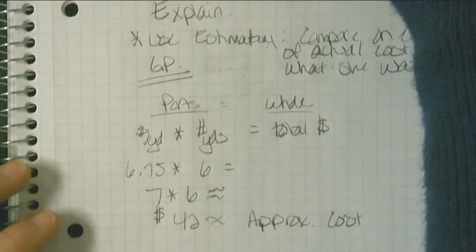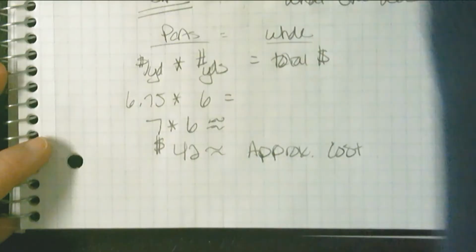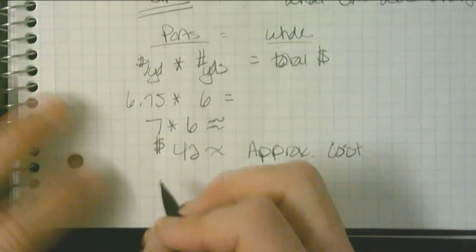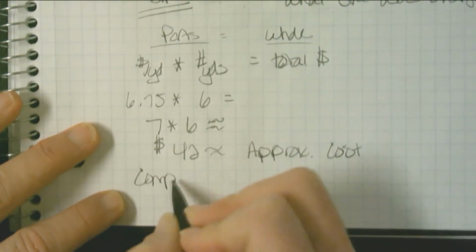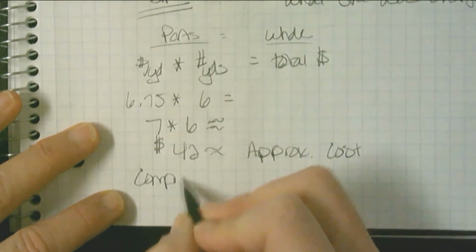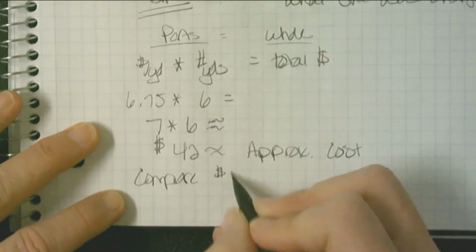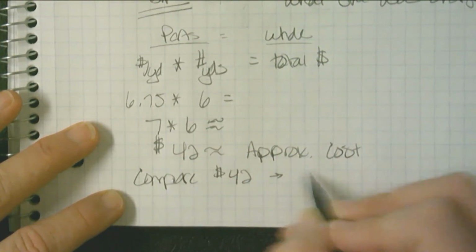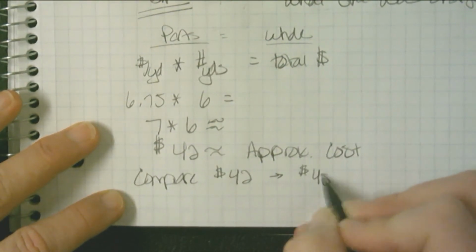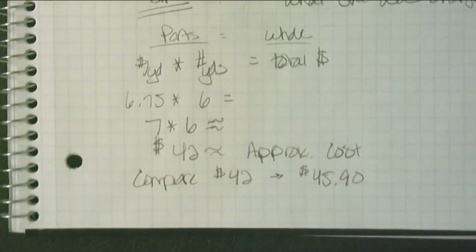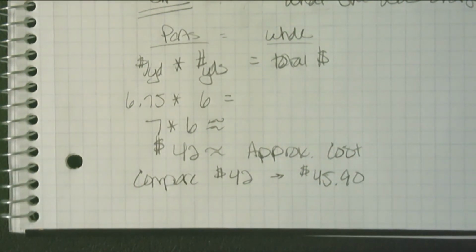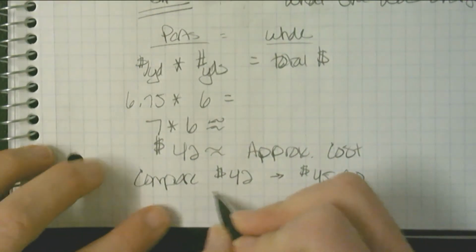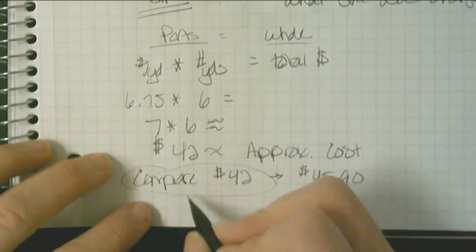How many of you guys can see what we did? All right, well, I want to compare my estimate of $42 to the $45.90. So someone tell me, did she make a mistake? This is our estimate of our actual.